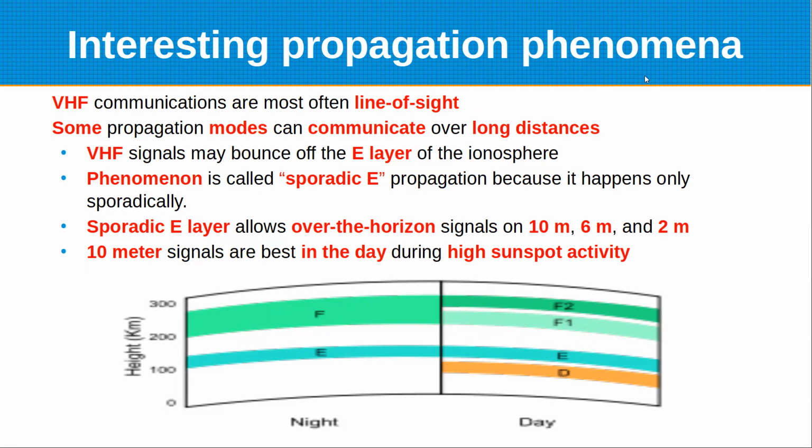In fact, I don't know that it comes up in the tech, but in the general or extra, they talk about the problem of short path and long path, where you can be talking to somebody 2,000 miles away, but they're also getting your signal all the way around the world, and they obviously come at different times, with delays.